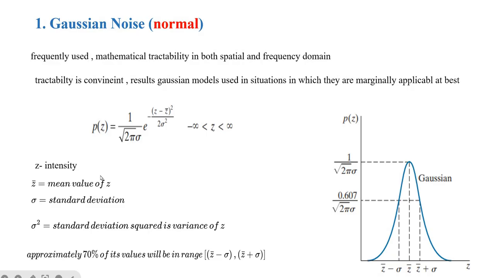When this random variable Z is described by this equation, approximately 70% of its values will be in the range Z bar minus sigma to Z bar plus sigma, and 90% will be in the range Z bar minus 2 sigma to Z bar plus 2 sigma.